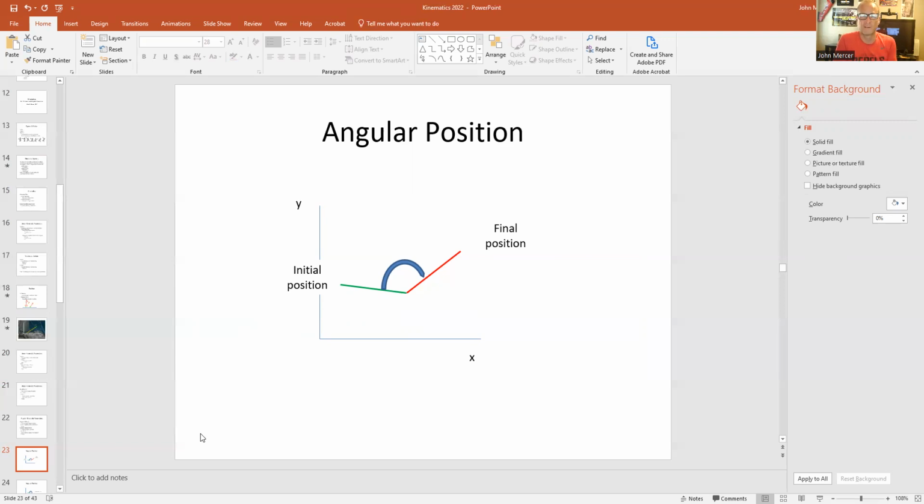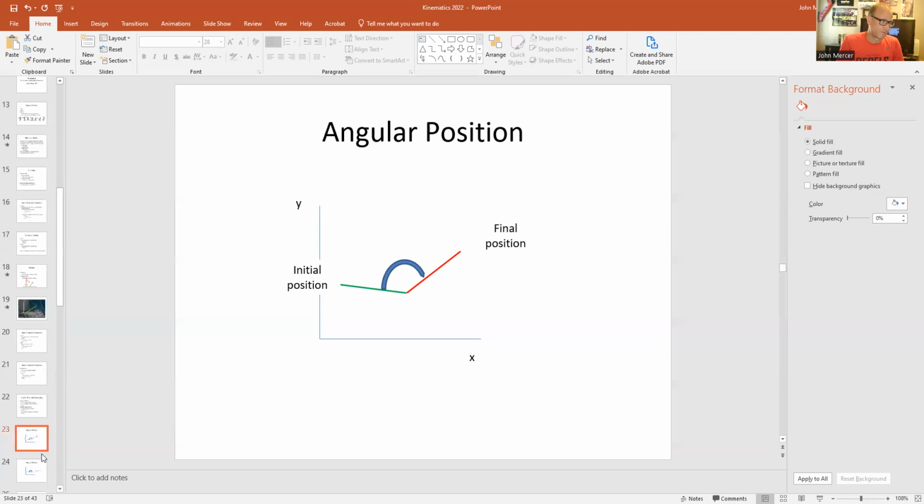All that's different are some of the symbols we use and the concept of the movement we're trying to study. In this case, I've got my laboratory reference frame here. I've got this segment in an initial position, green here, and in a final position, red over here. And it rotates, so angular motion, rotational motion about this axis.